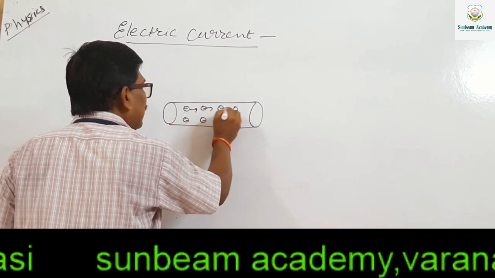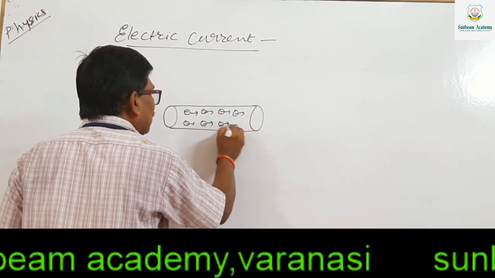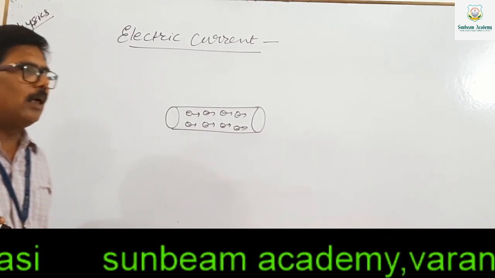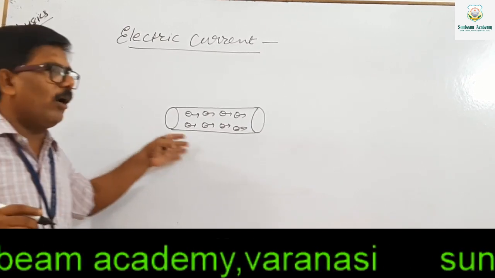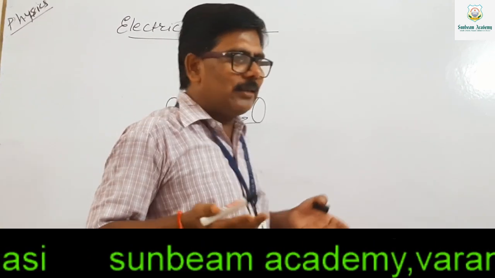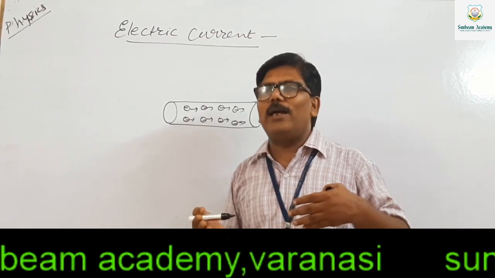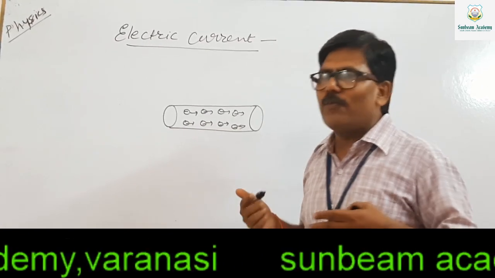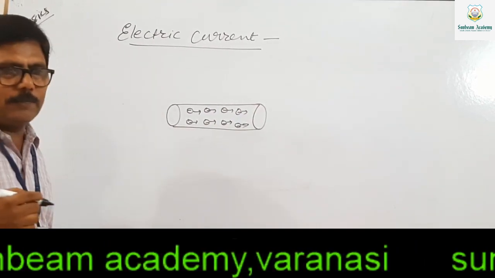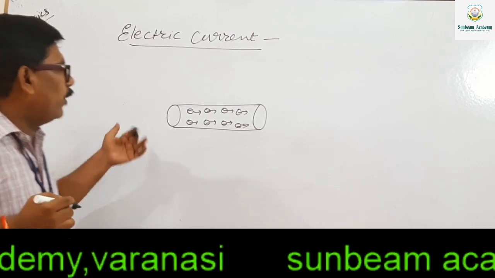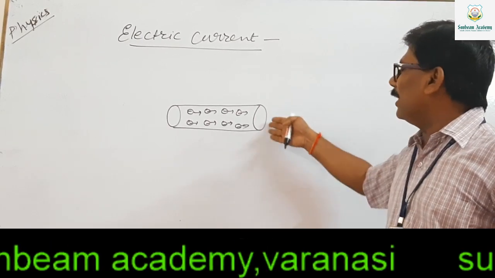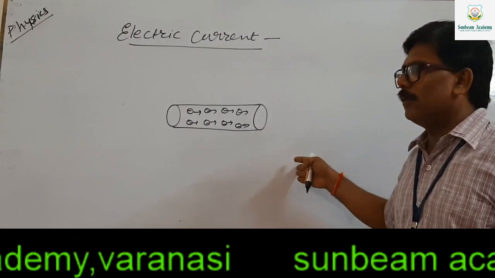These freely moving electrons in a conductor are the carriers of electric current. So you can say that electric current is nothing but the flow of electrons, or flow of negative charges, across the sectional area of the metallic conductor.